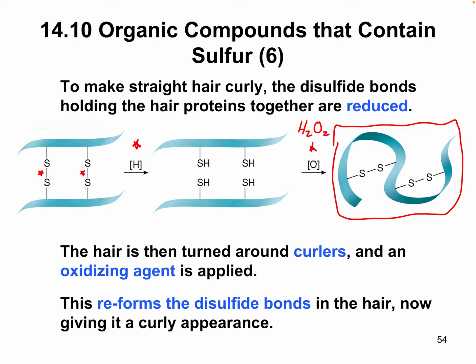So we've added a different structure to the hair, one that maintains a sort of curly appearance instead of a straight appearance. And then after we rinse the excess peroxide out of the hair to prevent it from bleaching, when you dry your hair, your hair ends up being curly for a while. So that's pretty amazing, right? Who knew that reduction-oxidation chemistry had something to do with how perms were created? But it certainly does.